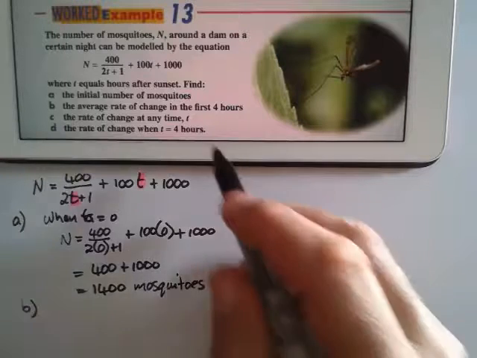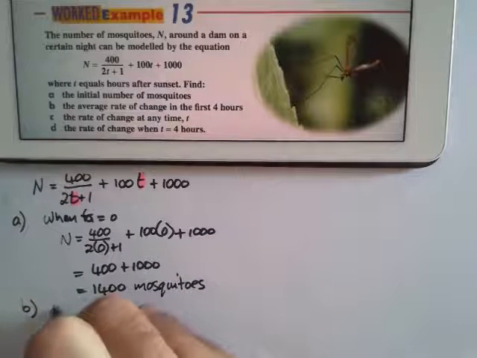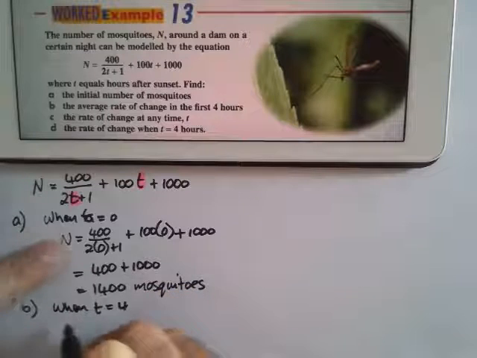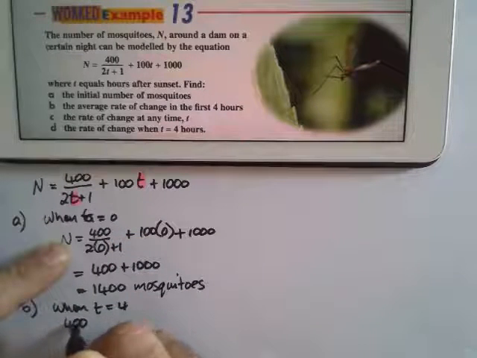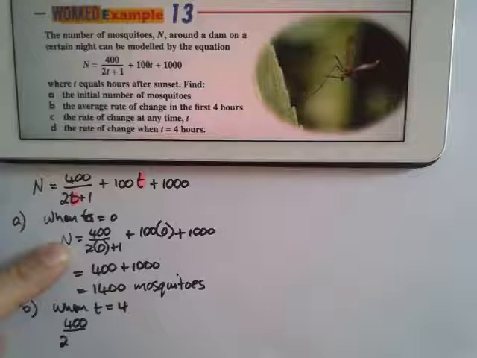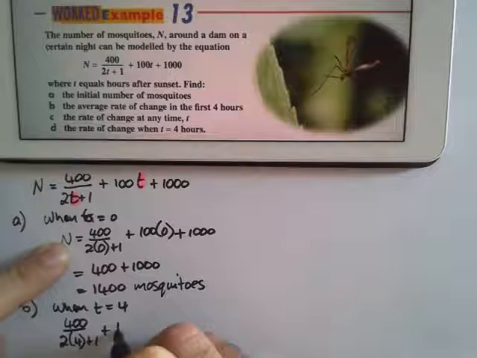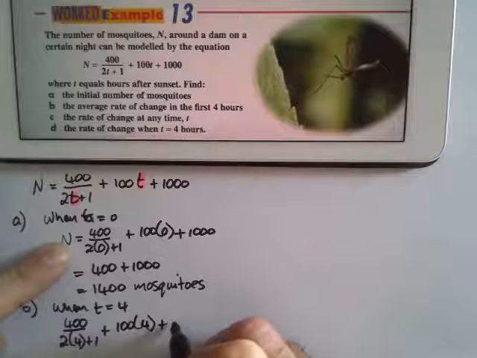So what I want to know is, what is the number when it is 4 hours? So when t equals 4, I'm going to substitute 4 into my equation. So it's going to be 400 divided by 2 times 4. Can you see I use brackets, plus 1 plus 100 times 4 plus 1000.